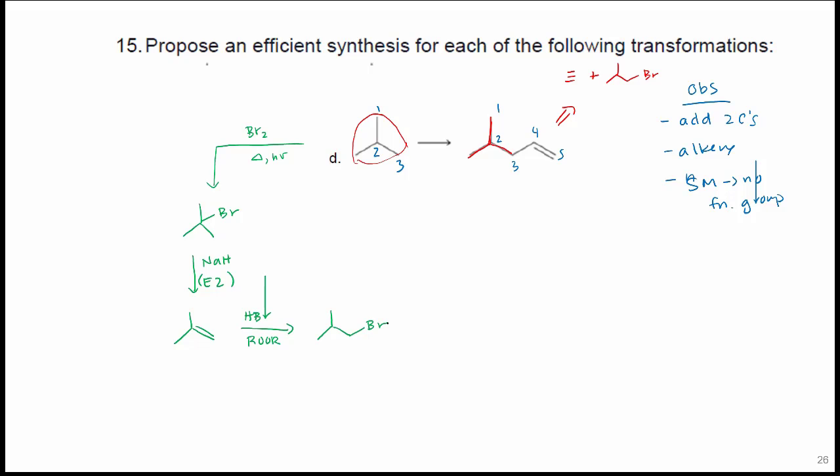So at this point, I've isolated that product, and then I'm going to start a new reaction with acetylene down here, NaNH2, and then add that alkyl halide that I just made.